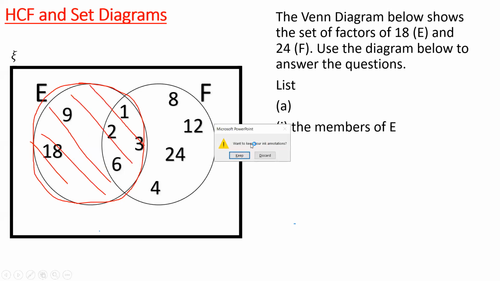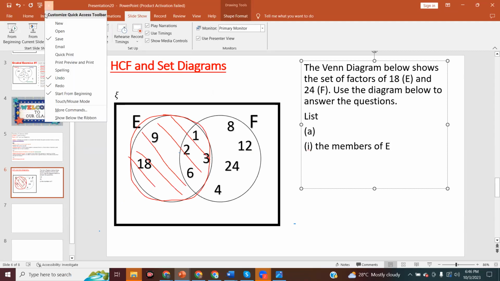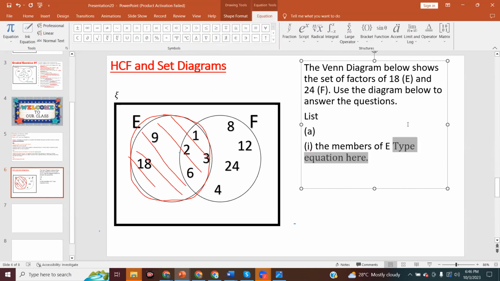So since we want the whole circle, what does that mean we must put for this one? This is going to be equal to what? In order, please. 1, 2, 3, 6, 9, 18. So it's going to be 1, 2, 3, 6, 9, and 18. Very good.